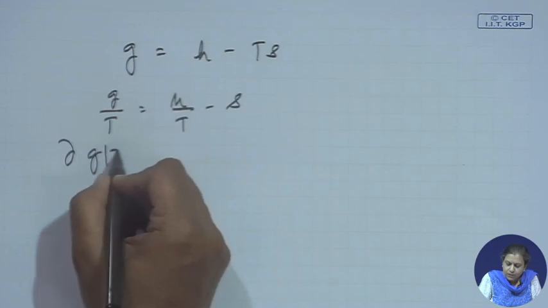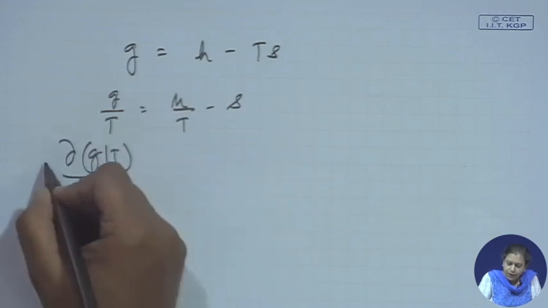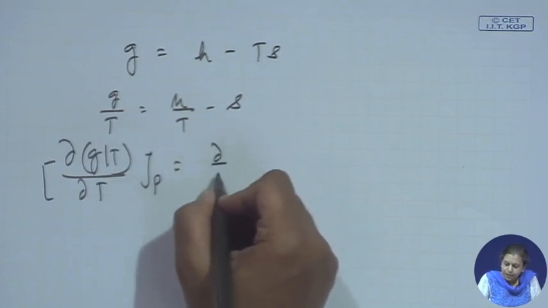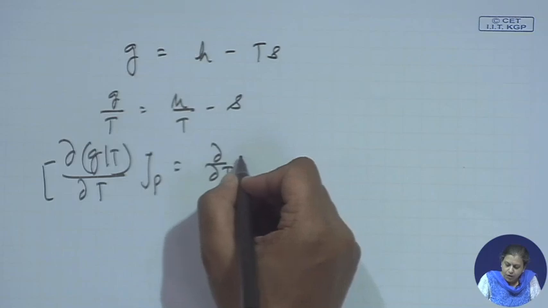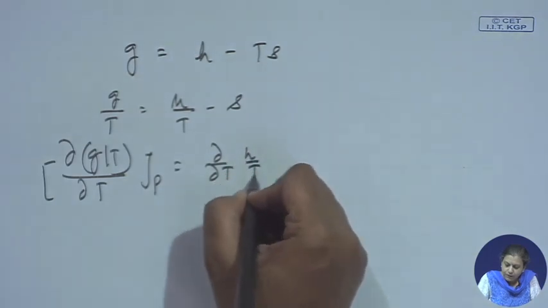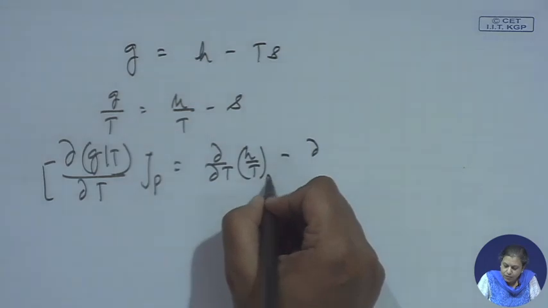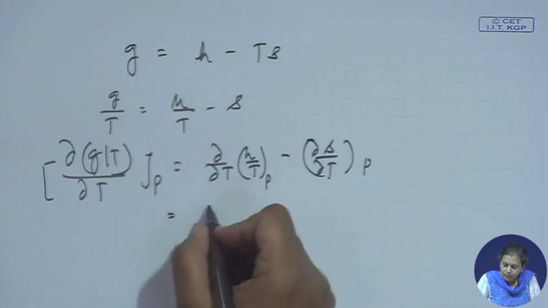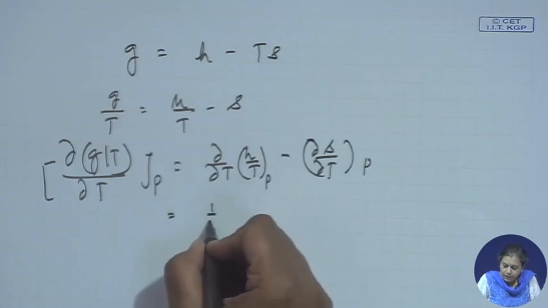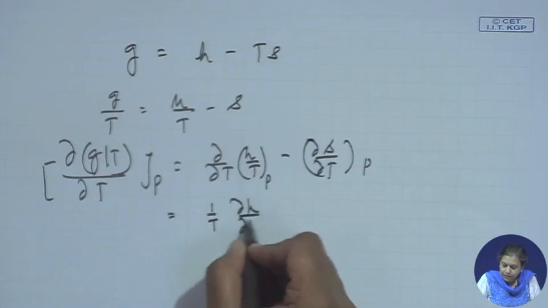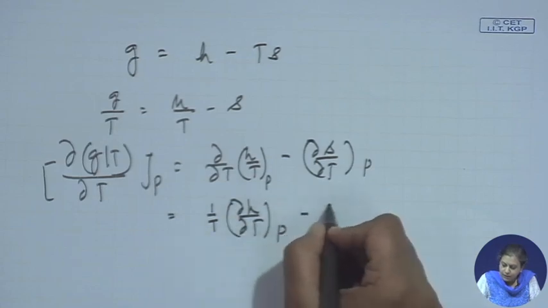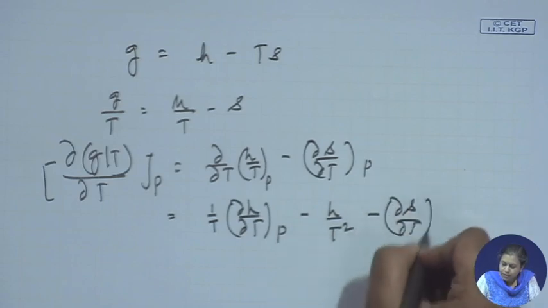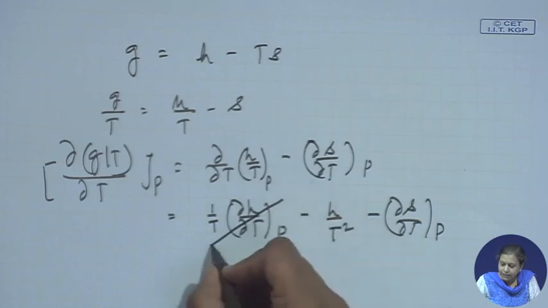Now suppose we differentiate G by T with T at constant pressure. We get del T of H by T minus del S del T at constant P, which is equal to 1 by T del H del T at constant P minus H by T square minus del S del T at constant P. Now, what is del H del T at constant P?